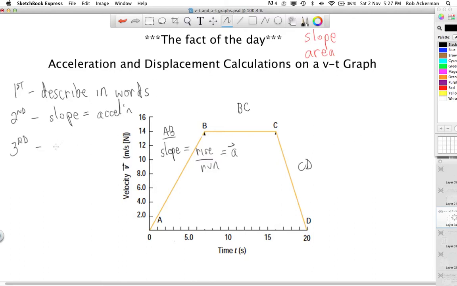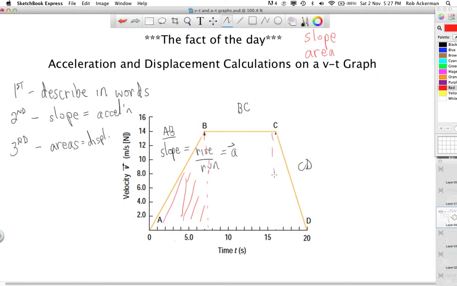The third thing I'd like you to do is to calculate the areas, which, as we've mentioned, are displacements. And once again, I'll do this in a different color so it's a little easier for you to see. Find the area in AB, that'll be triangular.